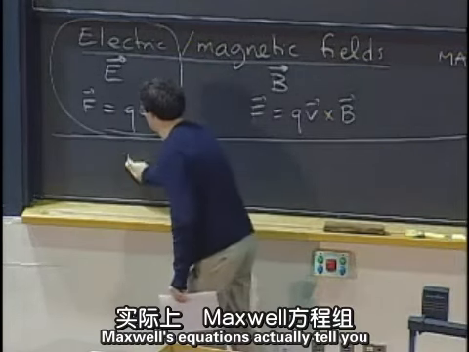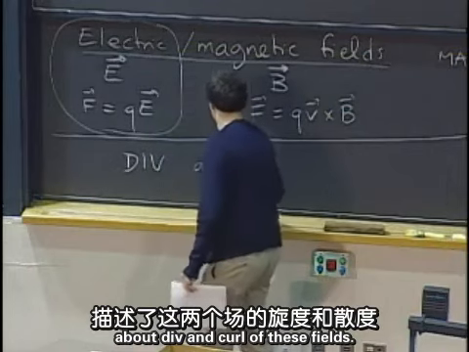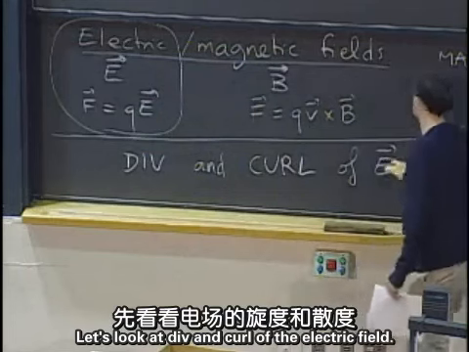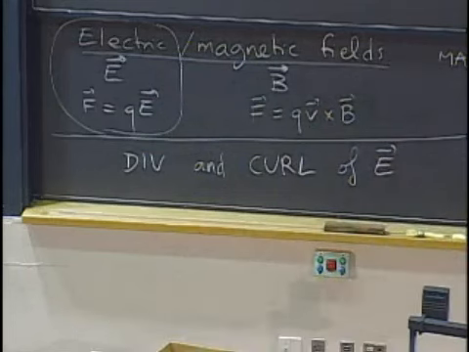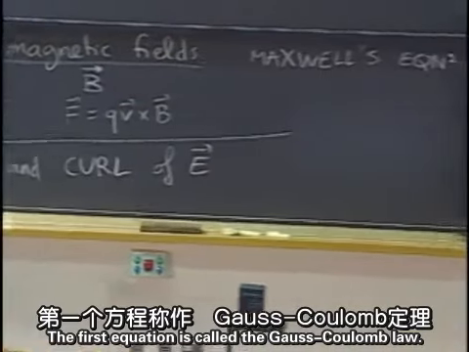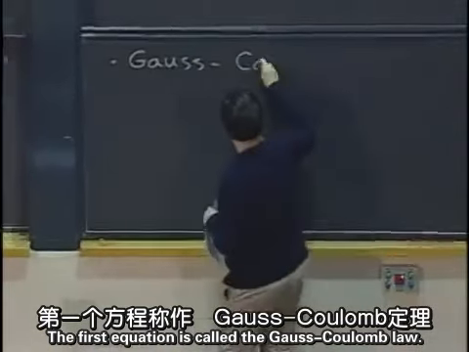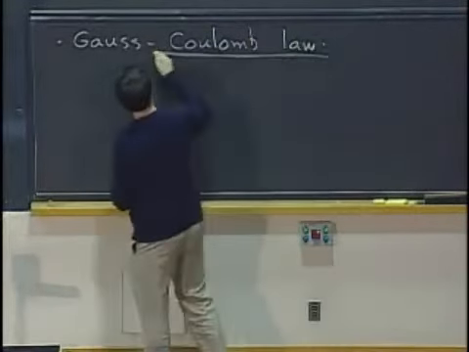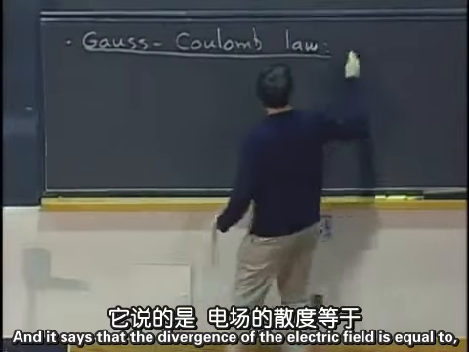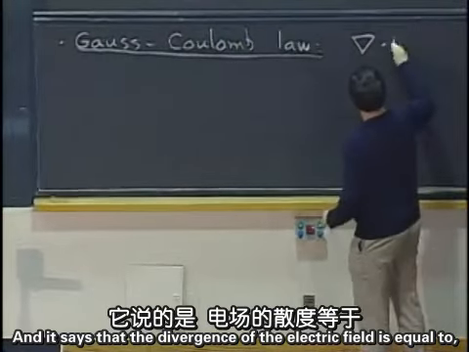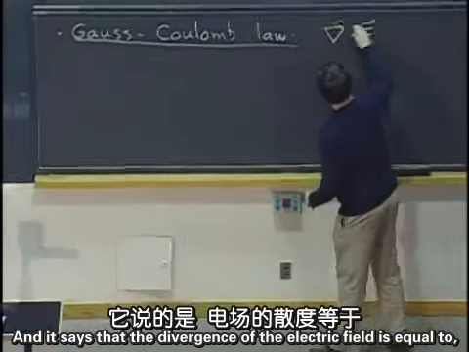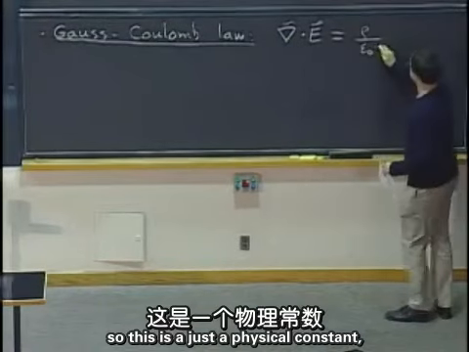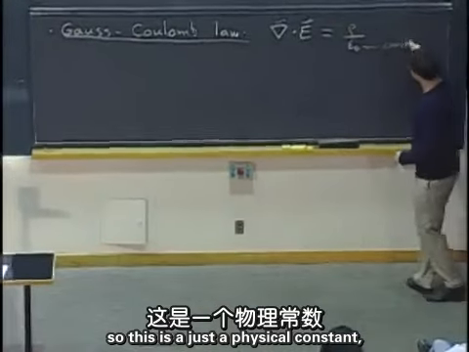Maxwell's equations actually tell you about div and curl of these fields. So let's look at div and curl of the electric field. So the first equation is called the Gauss-Coulomb law. And it says that the divergence of the electric field is equal to, so this is just a physical constant.